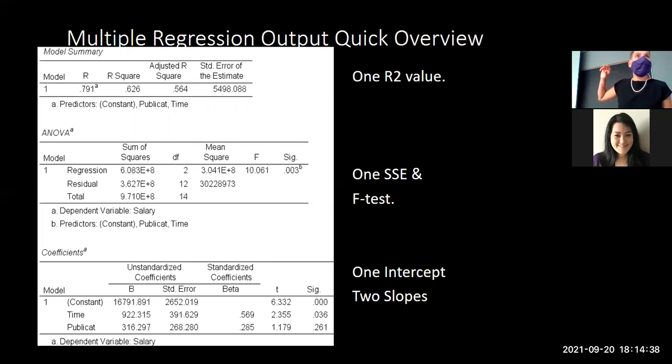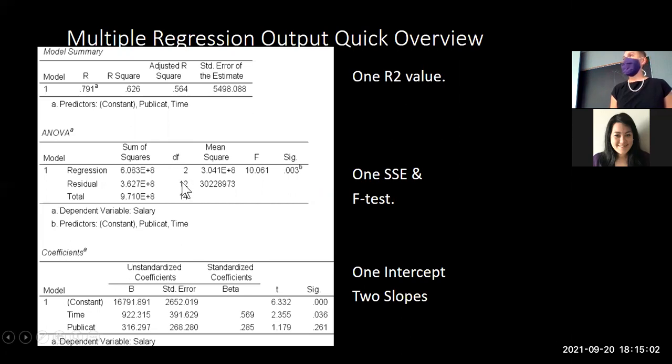Now with the F-test, the sums of squared errors for the regression, the sum of squared error for the full model, and for the restricted model, we end up with the same, only one regression sums of squared errors, but our degrees of freedom is different.